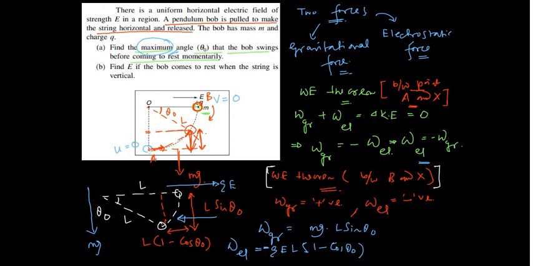The next question is, find E if the bob comes to rest when the string is vertical. So when the string is vertical, it is very simple. For part 2 of the question, when the string is vertical, theta will be equal to pi by 2.